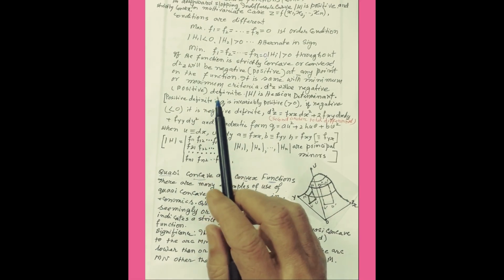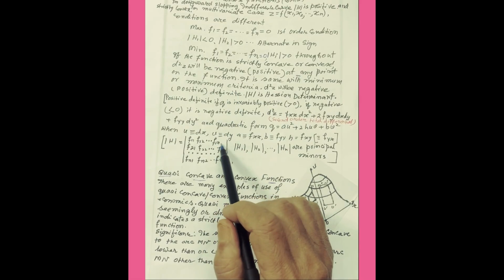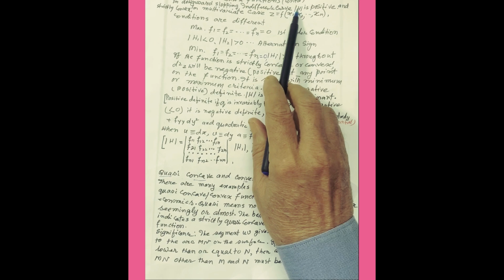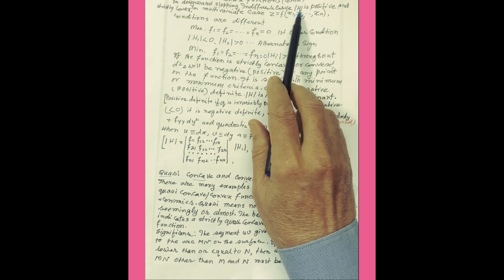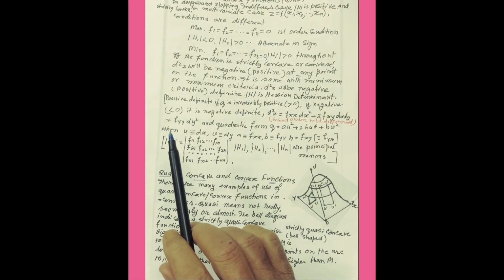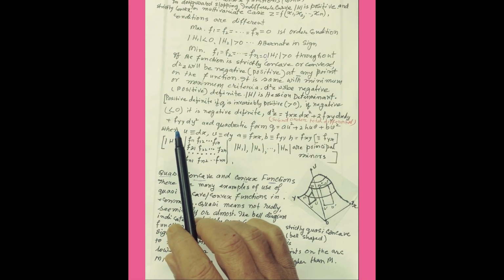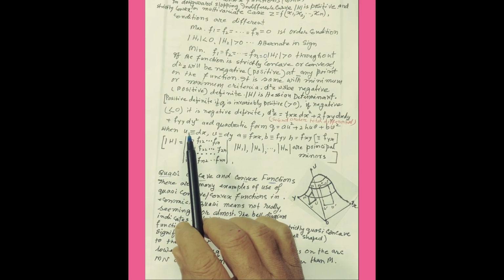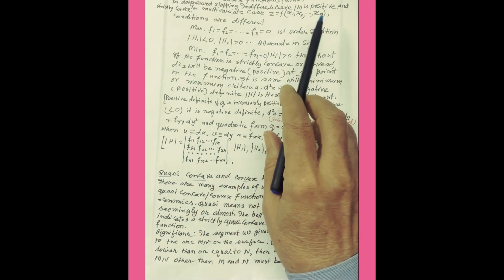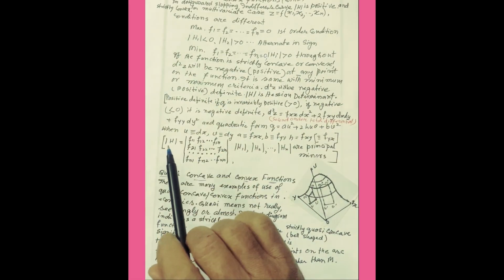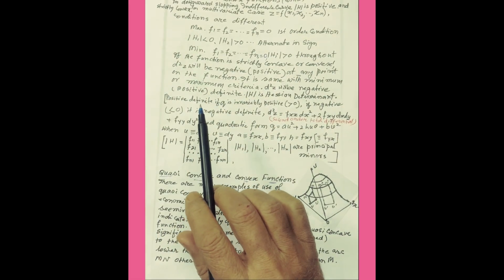So in case of downward sloping indifference curve, the bordered Hessian determinant is positive and strictly convex. If the bordered Hessian determinant is positive, the function is strictly convex.